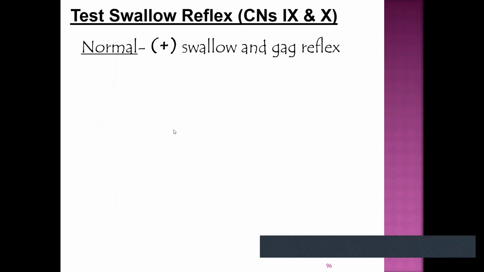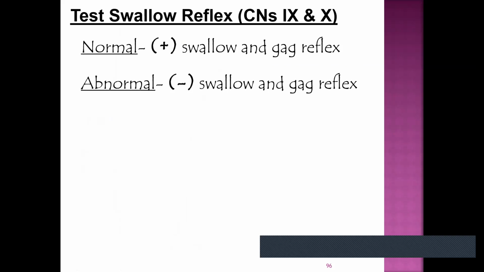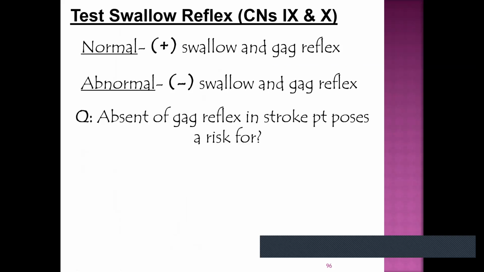In terms of swallowing, we have to test the patient's swallowing. What is normal is the ability to swallow and do the gag reflex. What is not normal is that they cannot swallow nor make the gag reflex.